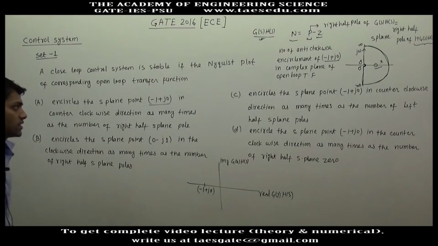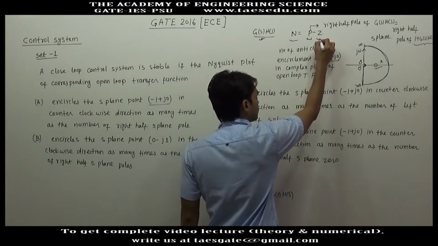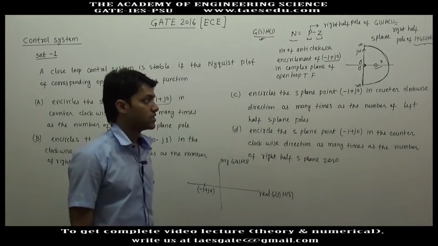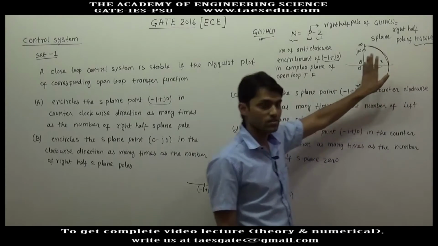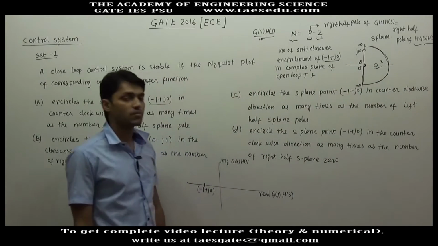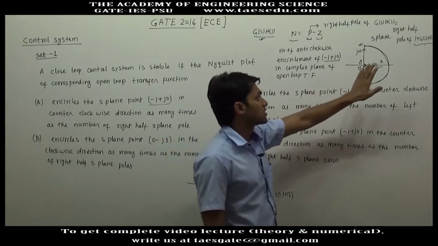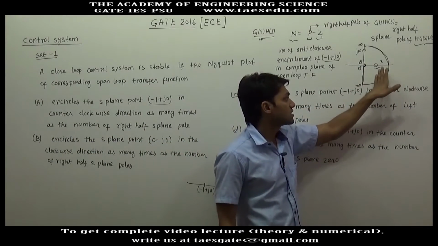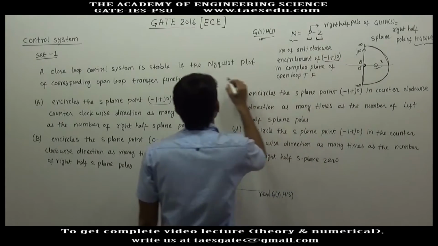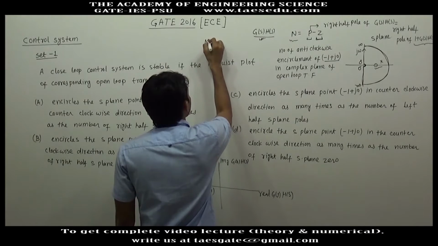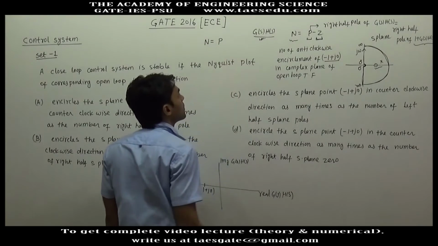So for stability, what should be the value of Z? The number of right half zeros of 1 plus G(s)H(s) must be 0. There must not be even a single zero of 1 plus G(s)H(s) which lies in the right half of S plane. So we'll have to put Z equal to 0. So this way we get that the number of anti-clockwise encirclements must be equal to the number of right half poles.